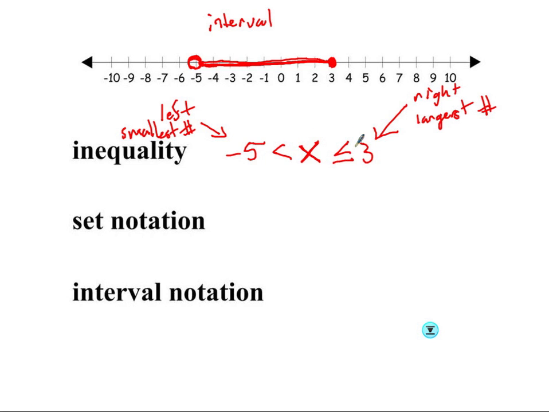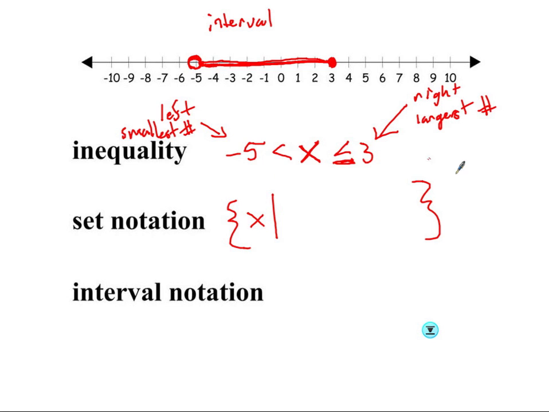Same thing with this one. We have to use less than or equal to because of this closed circle, so we have to use that line underneath. Okay, set notation. Set notation, you're going to use a curly brace. Since we're on the number line, we're going to be using the variable x and closed curly brace.